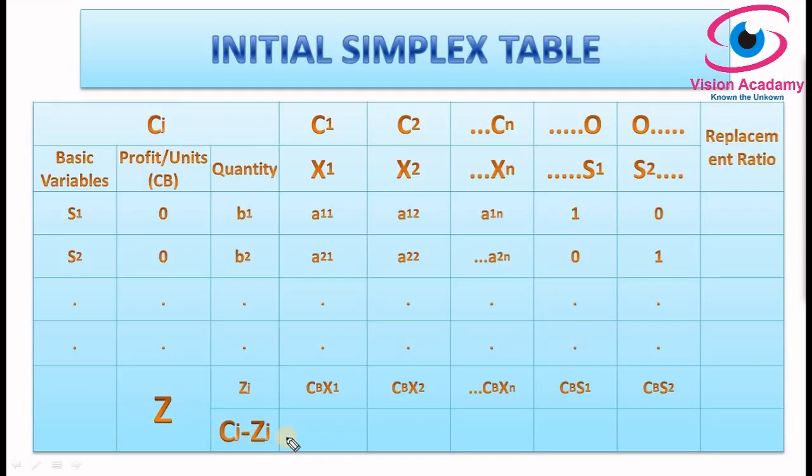Look here, this Cj minus Zj is not 0 or lesser than 0, and C2 minus Z2 is the most positive value, and in that column any one of these values is positive, then you have not arrived at the optimal solution. You want to improve that solution. Then how do we improve that solution? Let us look into that.